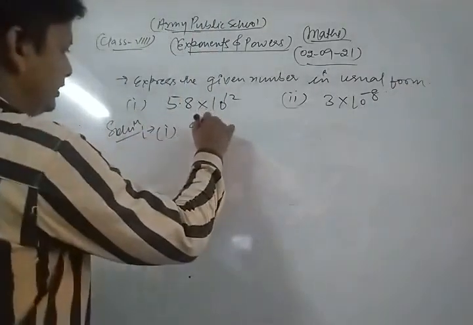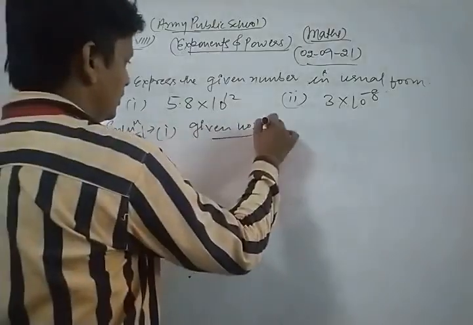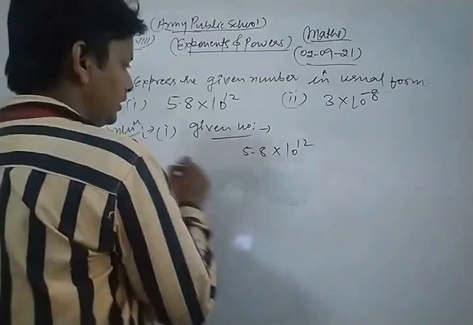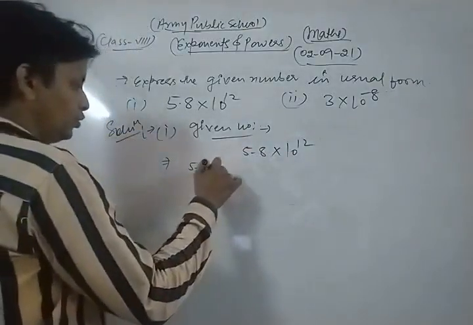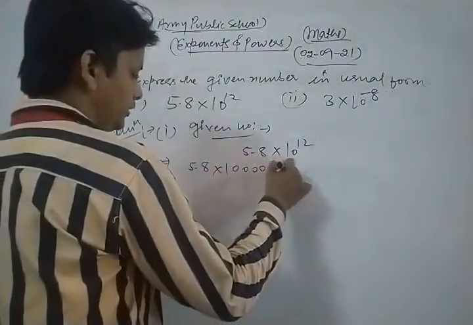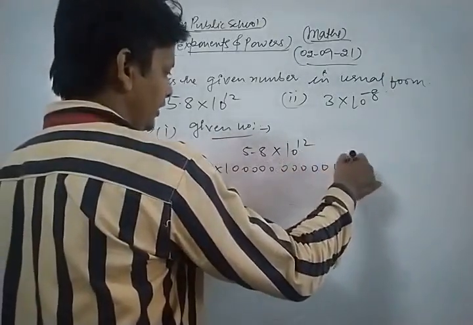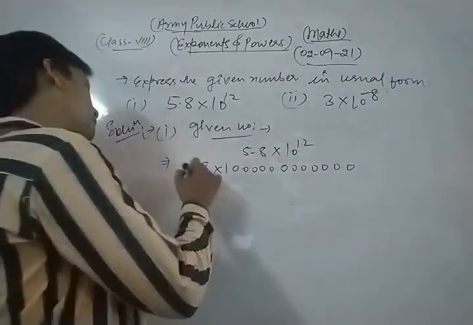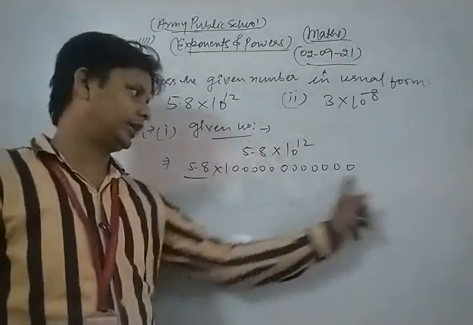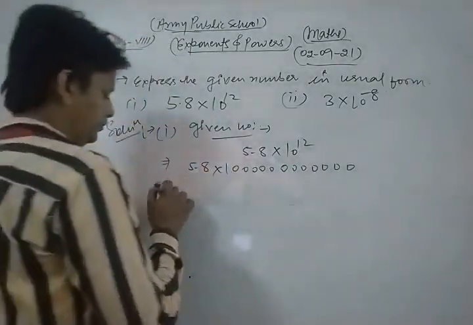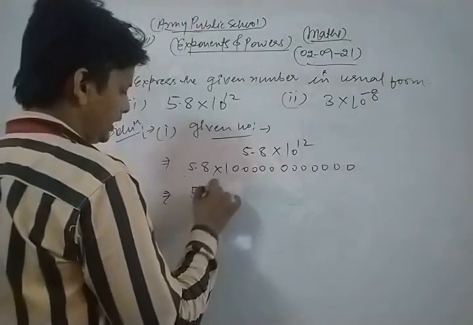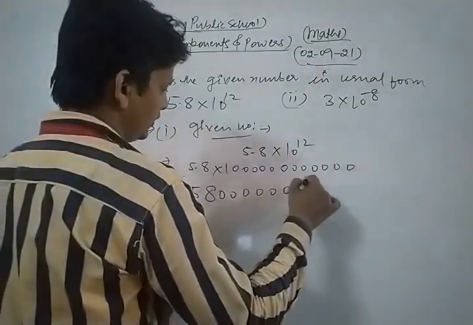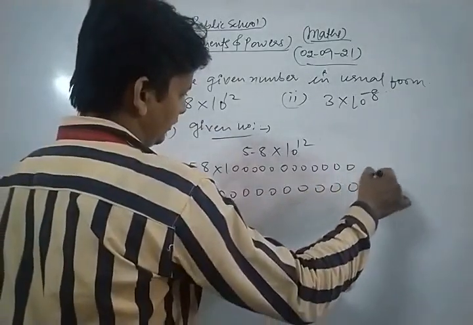So first of all, we write the given number as 5.8 into 10 to the power 12 as it is. Now we can write 5.8 into 1, 2, 3, 4, 5, 6, 7, 8, 9, 10, 11, 12. So we expanded it. Now we just multiply 5.8 by that number. So we get 5 and how many zeros? 12. 1, 2, 3, 4, 5, 6, 7, 8, 9, 10, 11, 12.